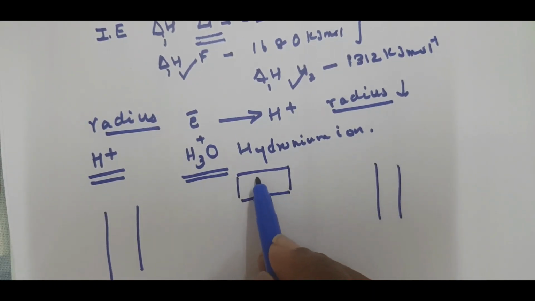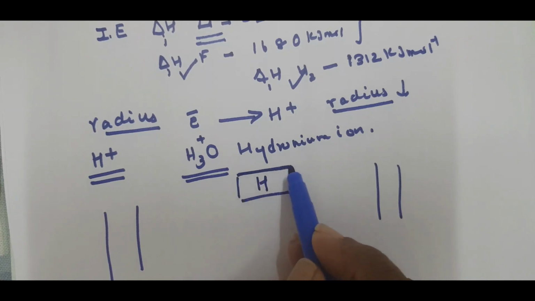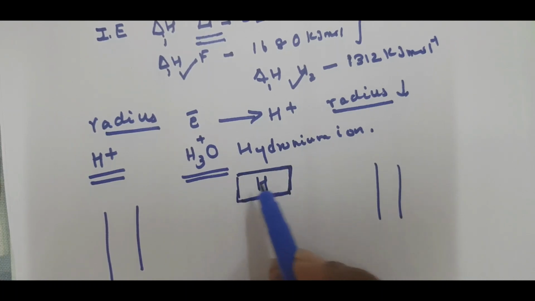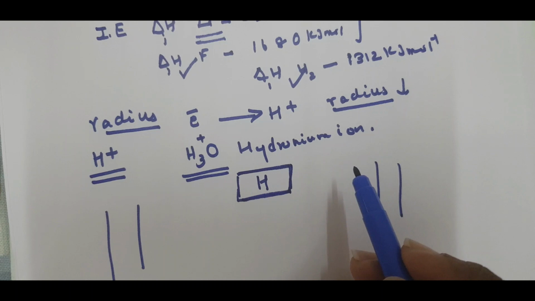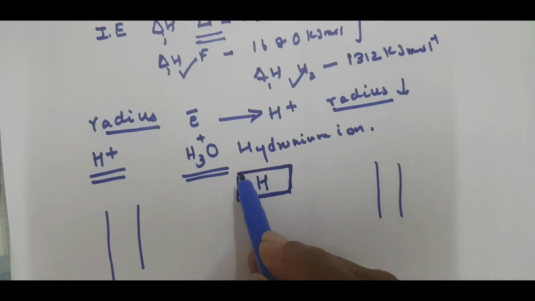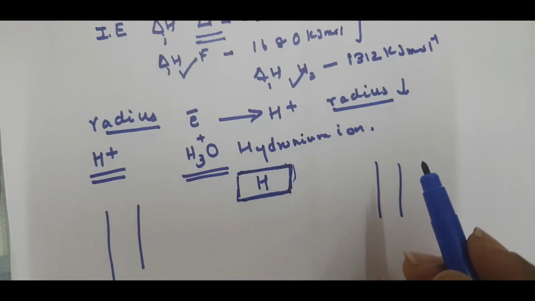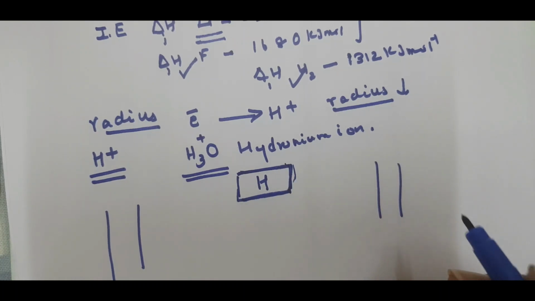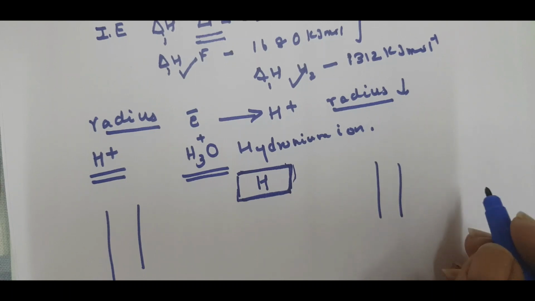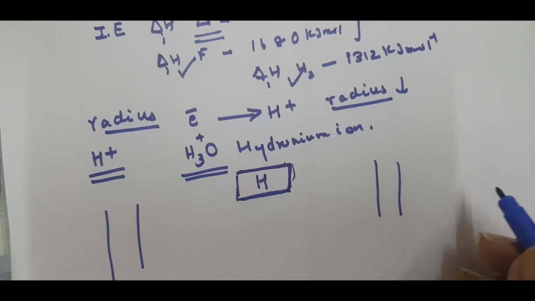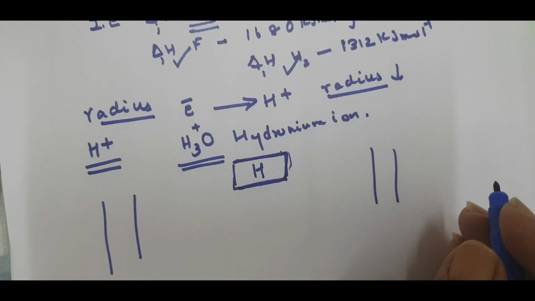In the long form of the modern periodic table, hydrogen is put separately in the center. That is why we can say there is no fixed position for hydrogen. So that is about the introduction of hydrogen.